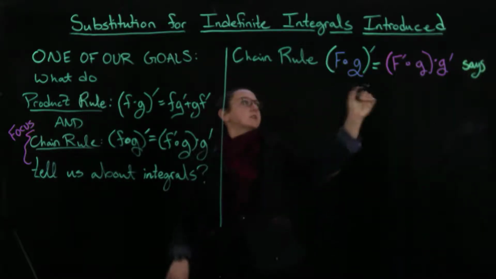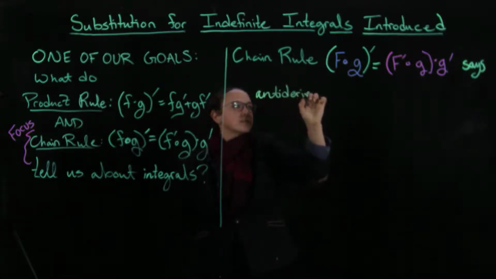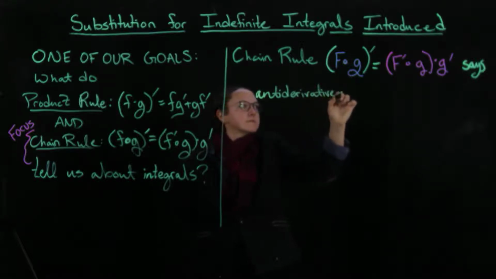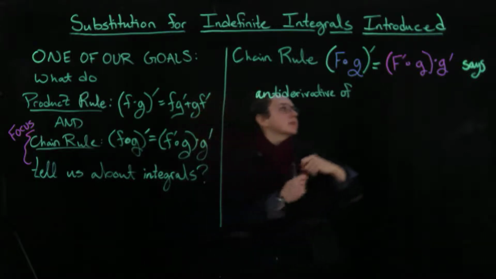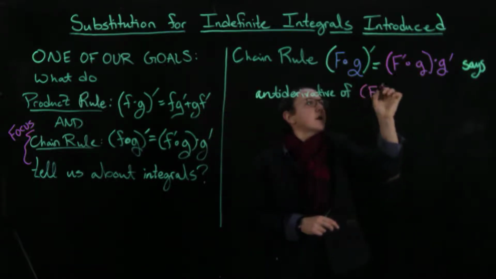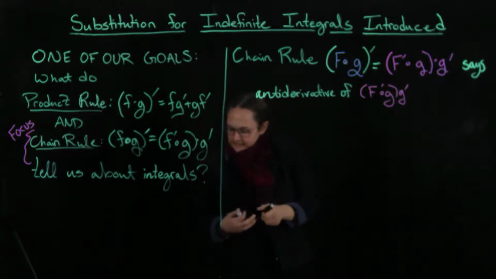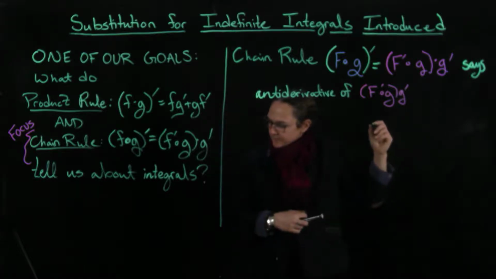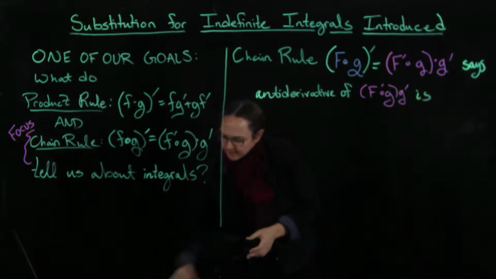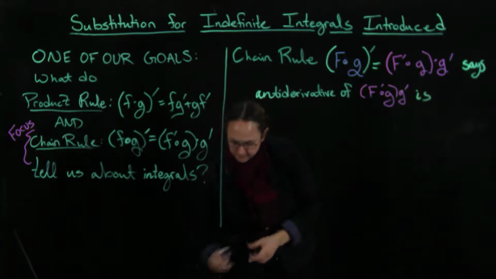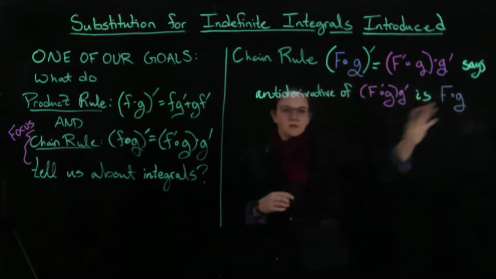This says that the antiderivative of, and then we do this whole thing in red, so this thing here, F prime composed with G, is exactly, and now we want the inside here, so big F composed with G. Okay, which you should recognize from over there.